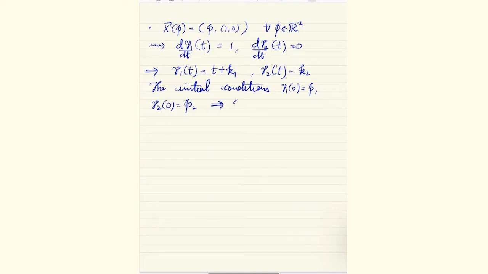So this means k1 is still p1, and k2 is p2. But of course the integral curves, so the maximal integral curve, is t plus p1 and p2.